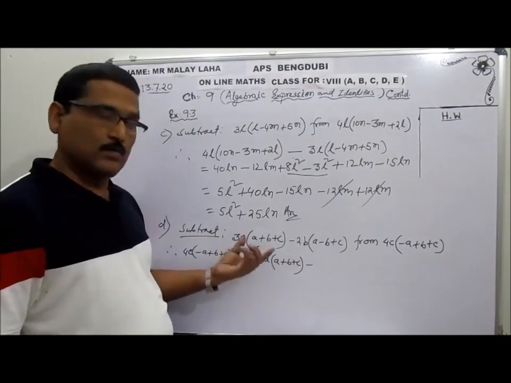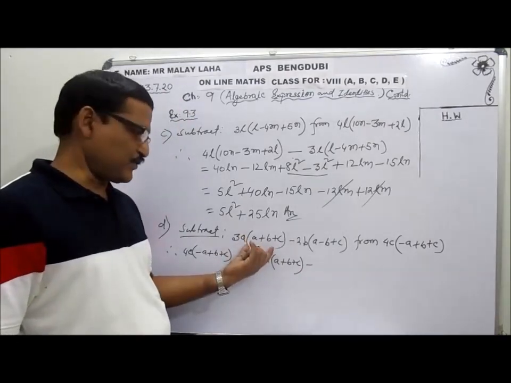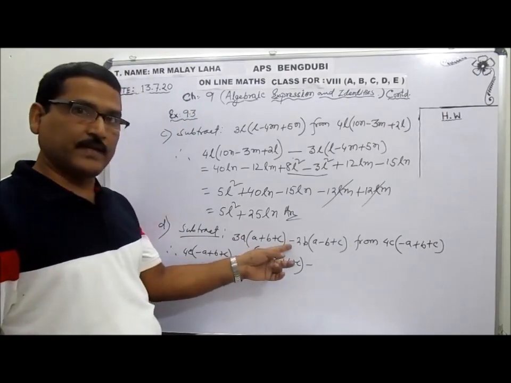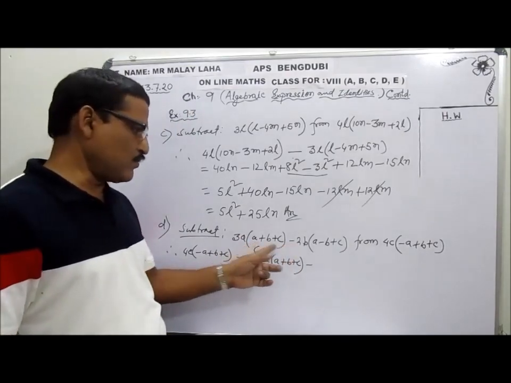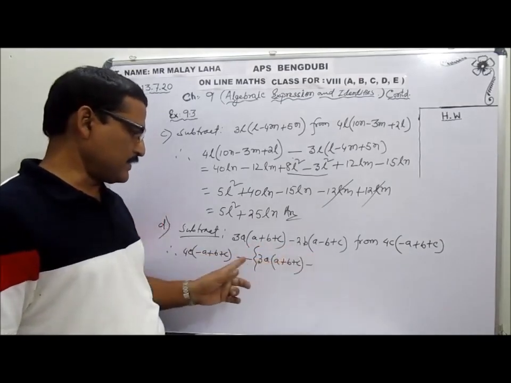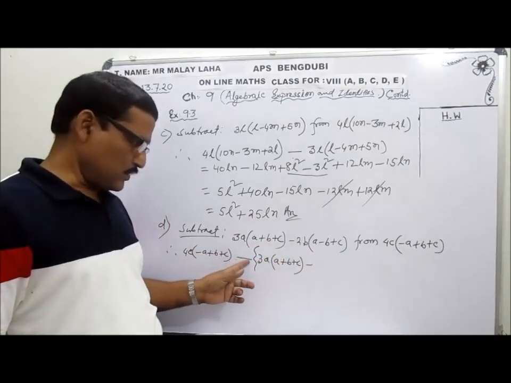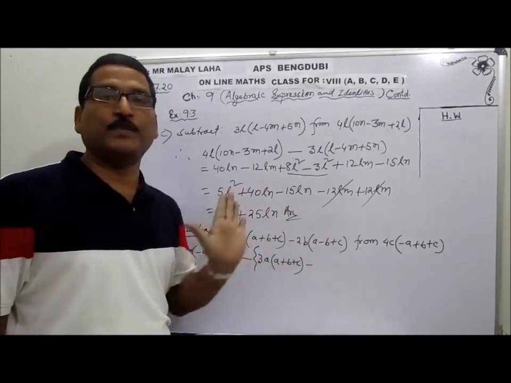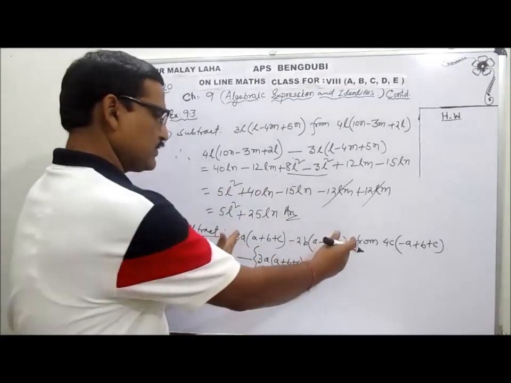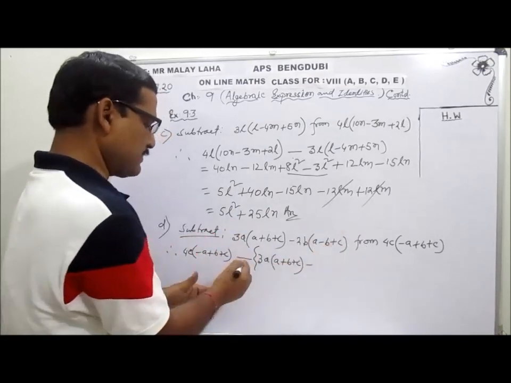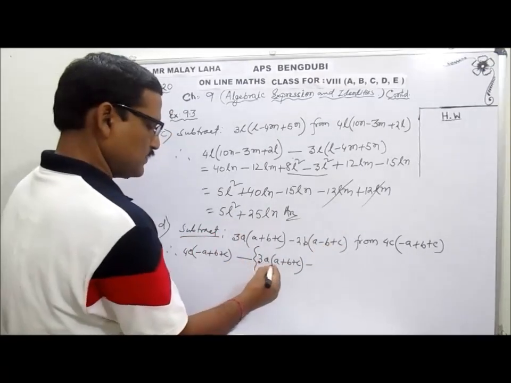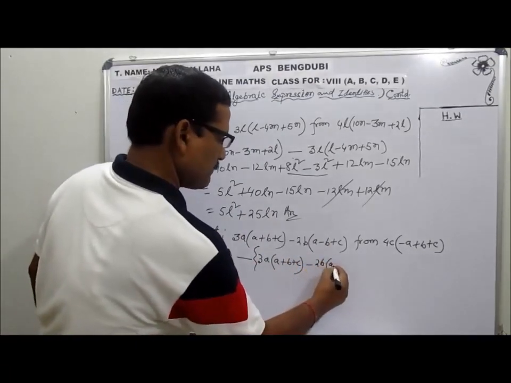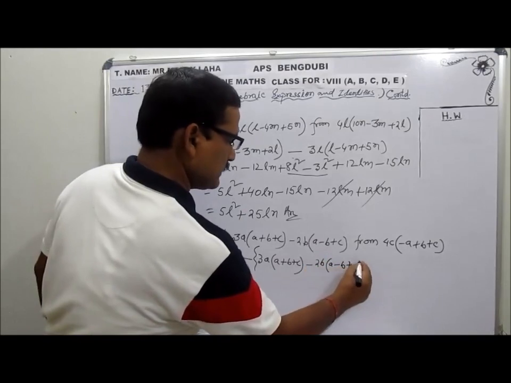Because there are two groups of expression, so only minus it will be, but if you are not changing this sign, it will be wrong. So let it be normal up to this much. After that, when you open the second bracket, the curly bracket, the inner signs will be changed. That's why I am keeping this total part in a bracket. Afterward I will change the sign. So whatever their normal sign, write down a minus b plus c.